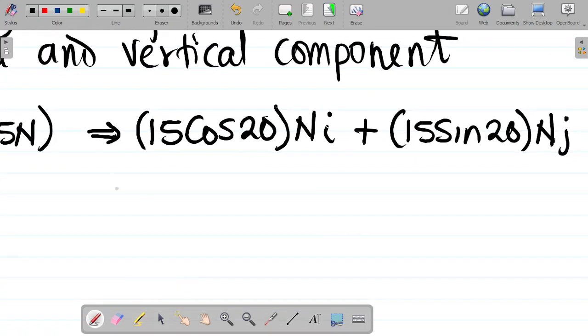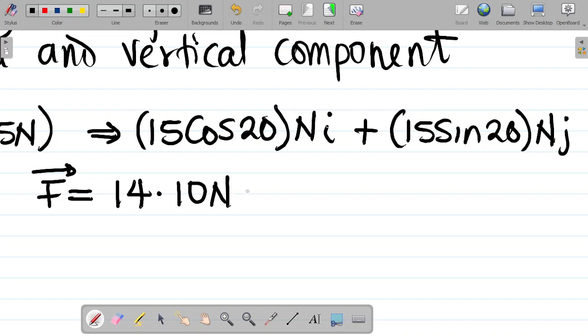So this would be equal to, take F1. The value is equal to, I'll punch 15 cos 20. So I have 15 cos 20, and that's about 14 point something. In two decimal places I have 0.95. That becomes 10, approximately.